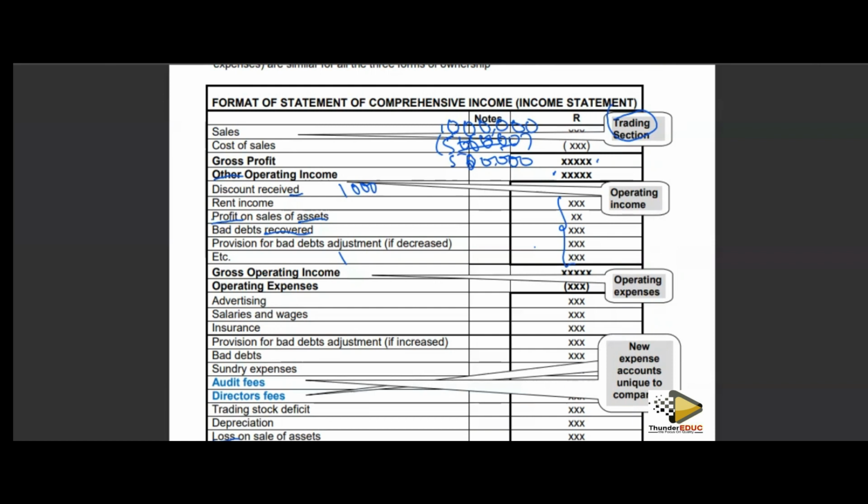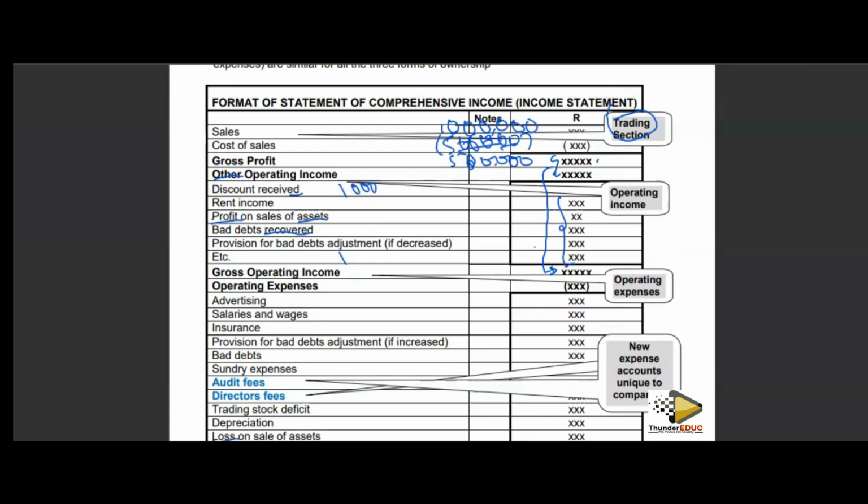When we add these two together, we get the gross operating income. So the gross operating income includes these two sections, the trading section and the operating income. Then that's where we get this total here.